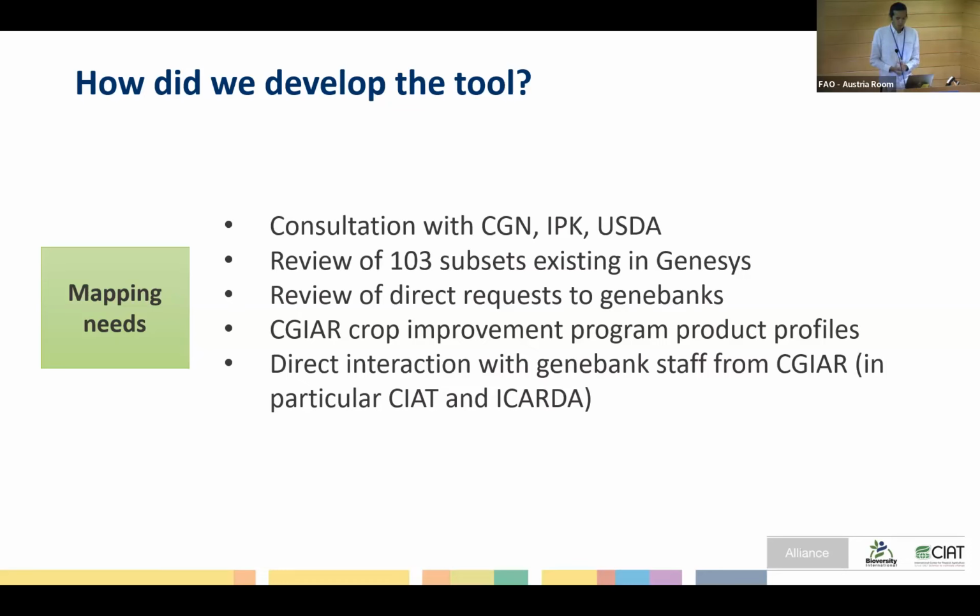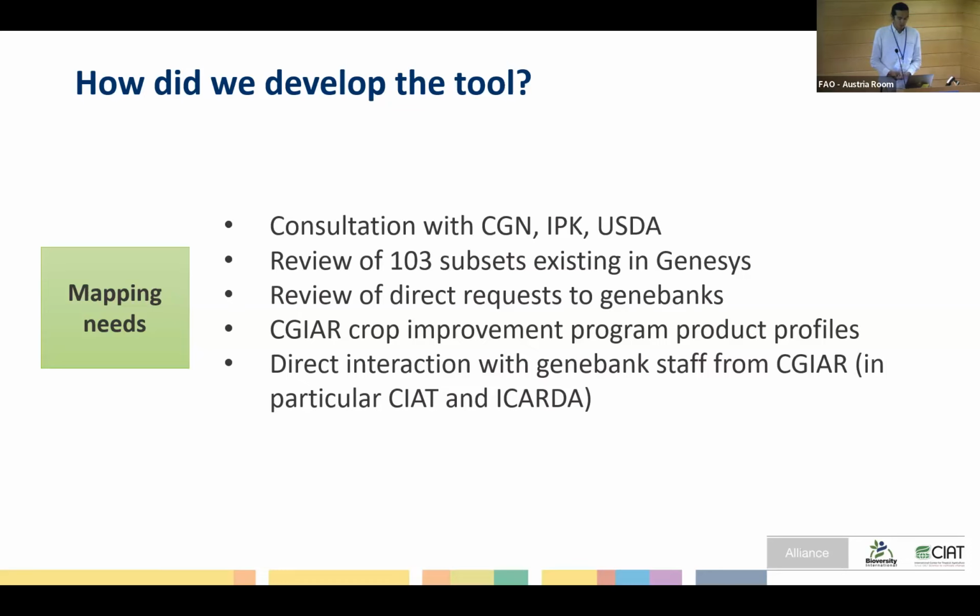And we also reviewed a number of subsets which already existed in Genesis, which people had created, and then just made available as specific data sets. We reviewed direct requests to gene banks. We also reviewed crop improvement program profiles to see what kind of adaptive traits people are looking for, are trying to bring into the breeding programs.